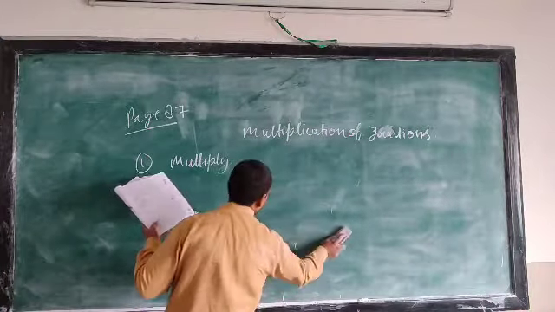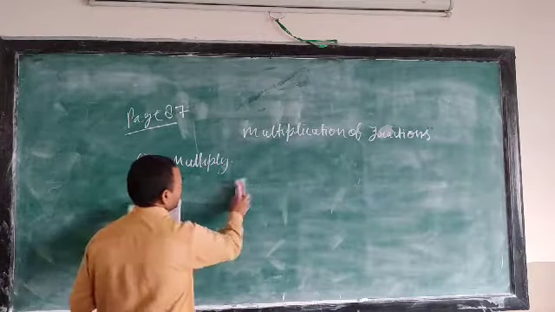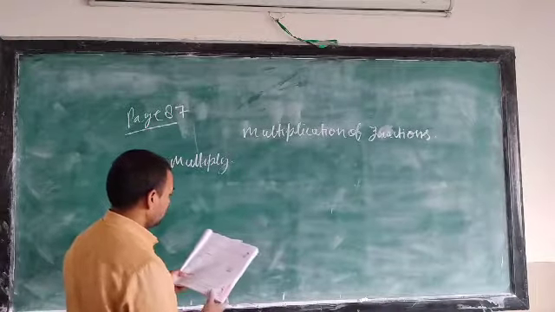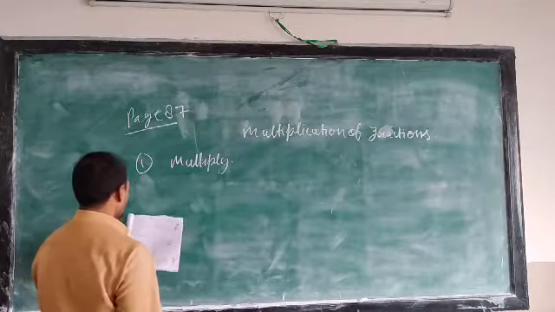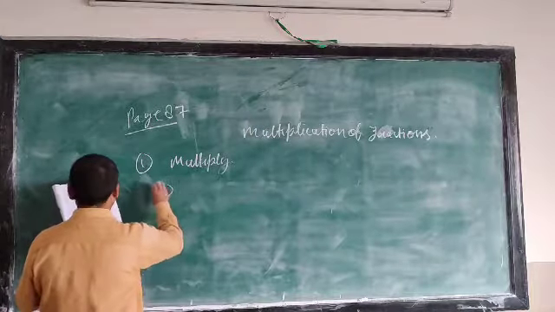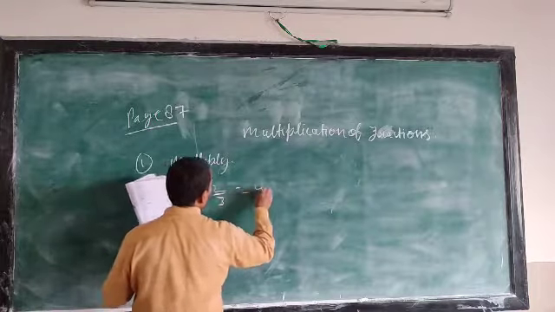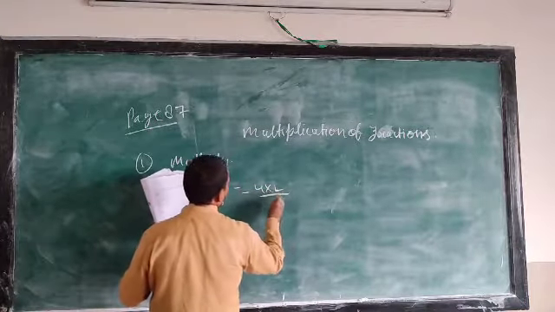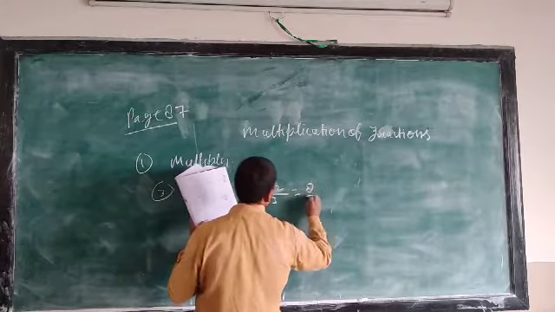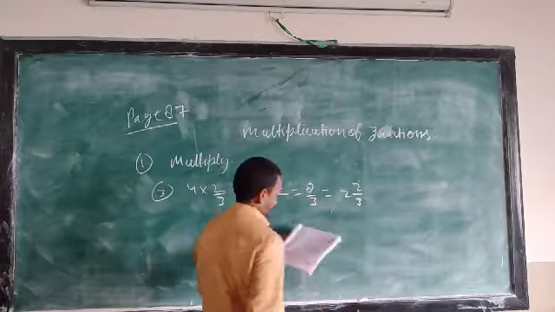I want to do some more questions. And third, say, 4 multiply 2 by 3. This is the number part. 4 multiply 2 by 3. So 8 by 3. You can convert this into a mixed number, 2 and 2 by 3.